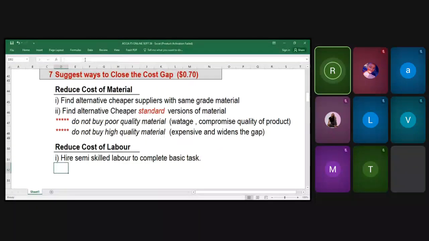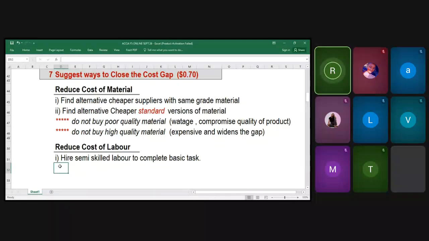So if we want to reduce the cost gap, instead of hiring a fully qualified chartered accountant to do bank reconciliations and so on, let us take probably someone who is still on their way. Why? Because they don't demand much. If you hire an expert, it is going to widen the cost gap because they are very, very expensive.